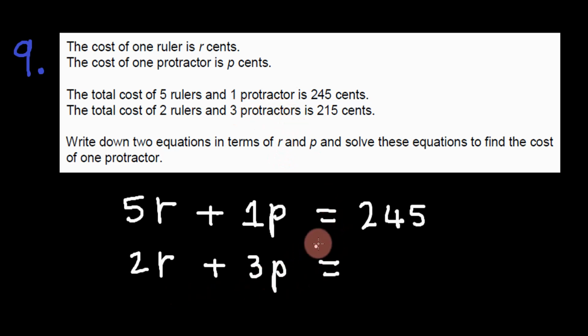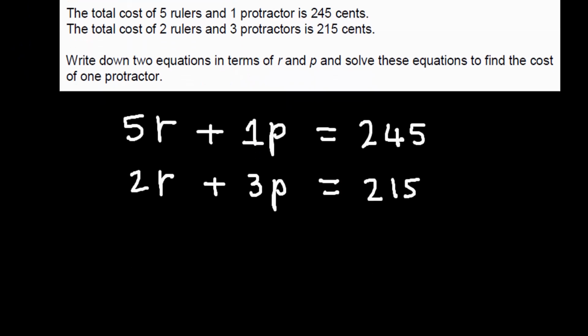So this sum must come to 215. Now we can solve the equations simultaneously. We want either the coefficients of the R's or the coefficients of the P's to be the same. If we multiply the first equation by 3, then the coefficients of the P's will be the same. So let's do that.